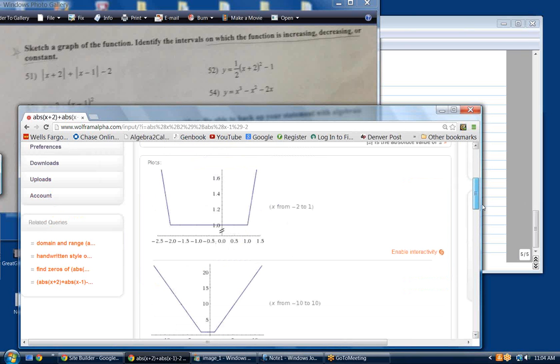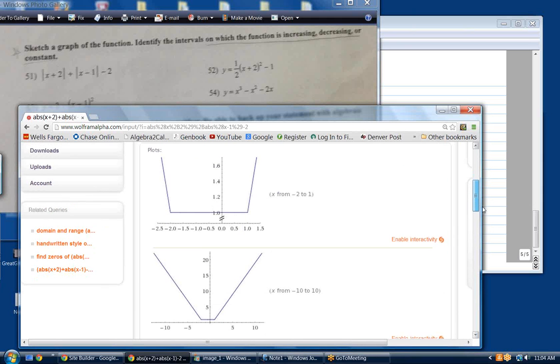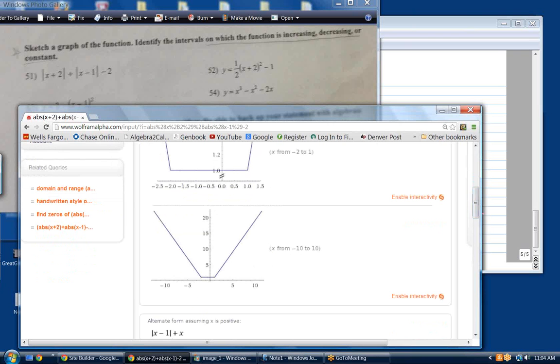Can we tell what it is up here? Looks like it's 1. Negative. Yeah, well, it's -2. Looks like this y value is 1. Oh, I see. That's -2 there. Okay, so it's decreasing from negative infinity to -2.